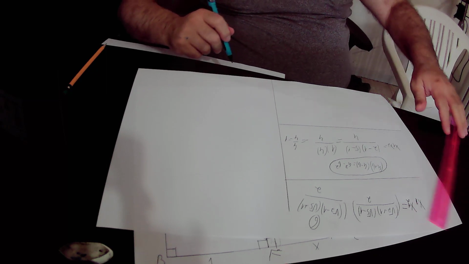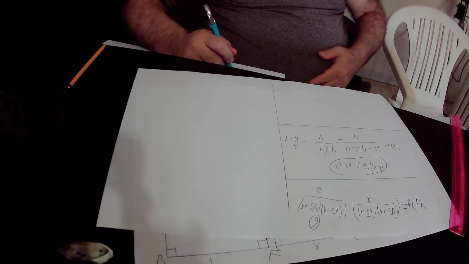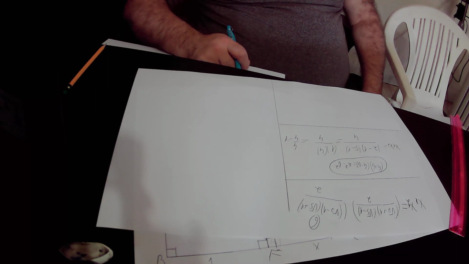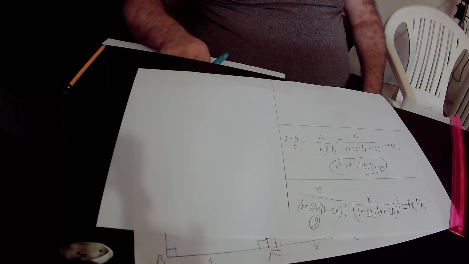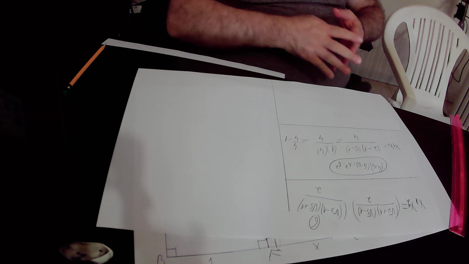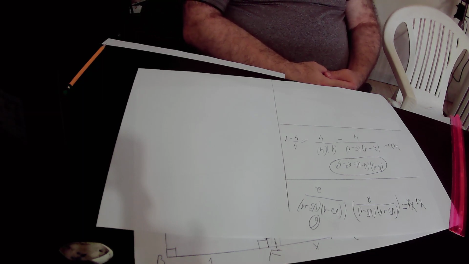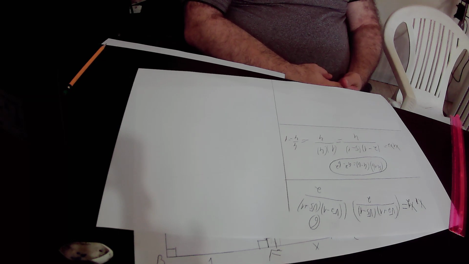So we found out that the multiplication of x1 by x2 is equal to 1. That is to say, x1 is the inverse number of x2 and x2 is the inverse number of x1. That is to say, if x1 equals 5, then x2 will be equal to 1 over 5.